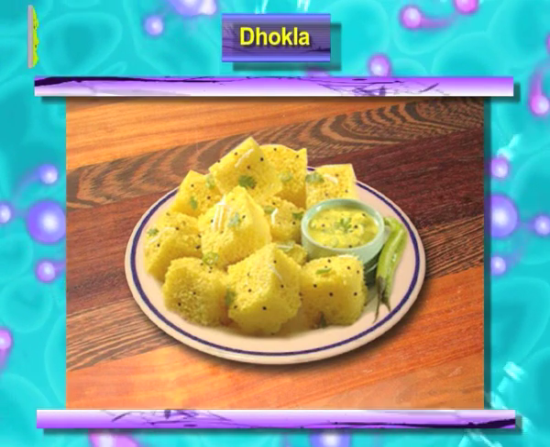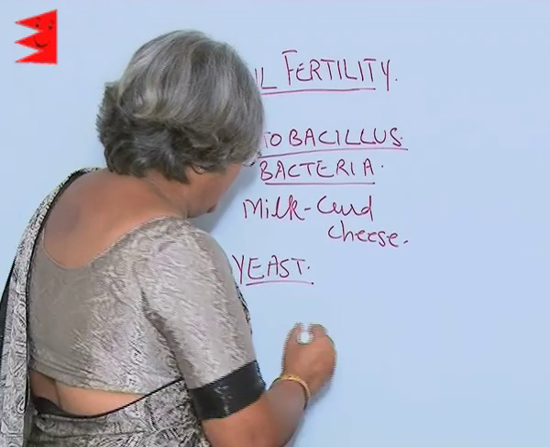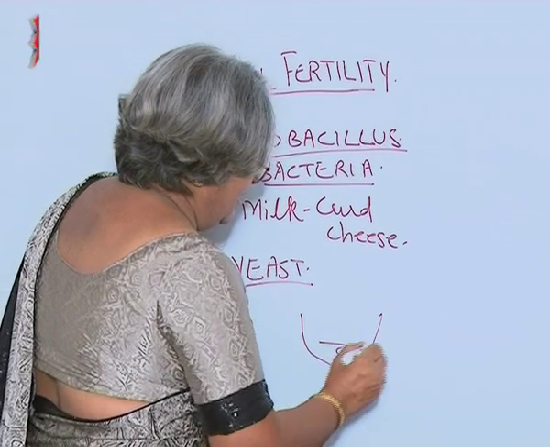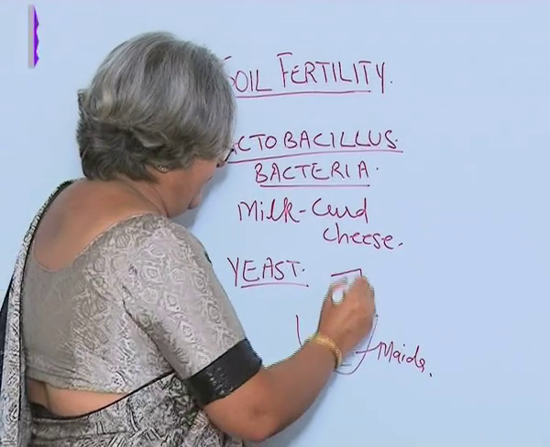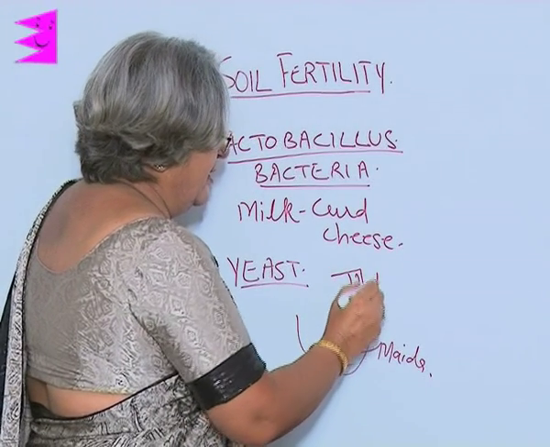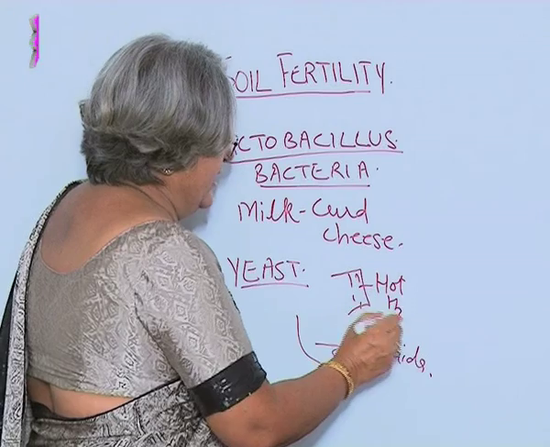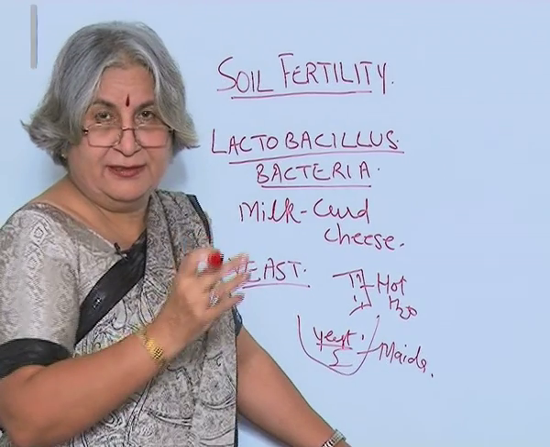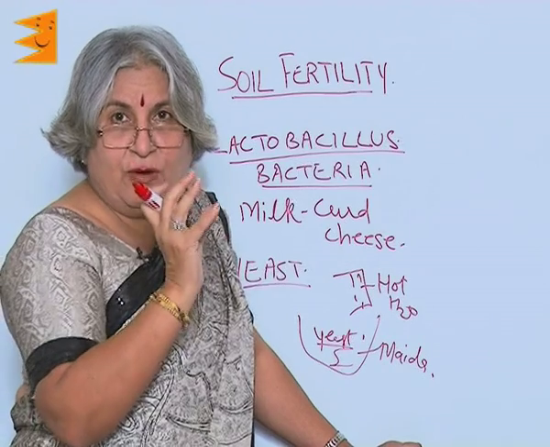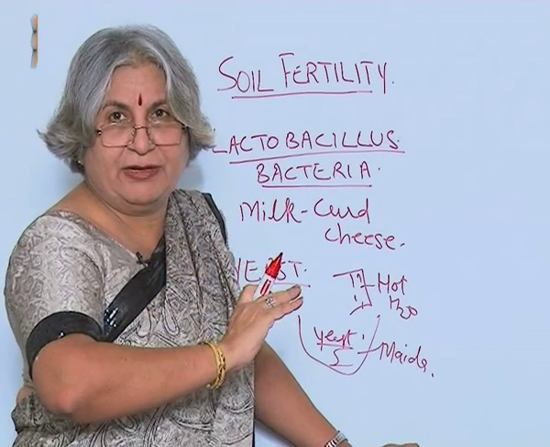You know, you can do it yourself. Take some maida and then put hot water in it and then add yeast. Knead it and change it into balls and then just cover it.